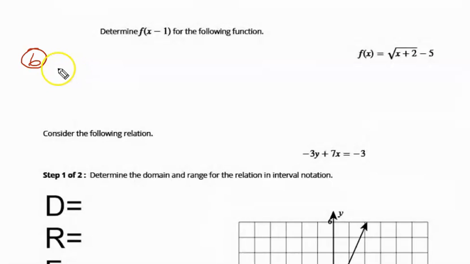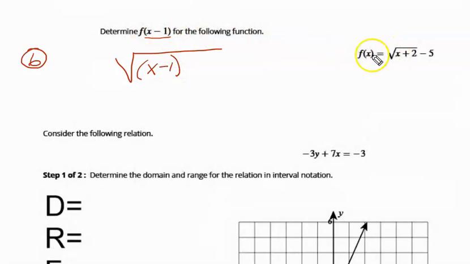Now in example 6, they already have it in function notation. So what we are to do is put this value where the x is. So let's just do that. The square root of, and we can put that in parentheses to start with, x minus 1.